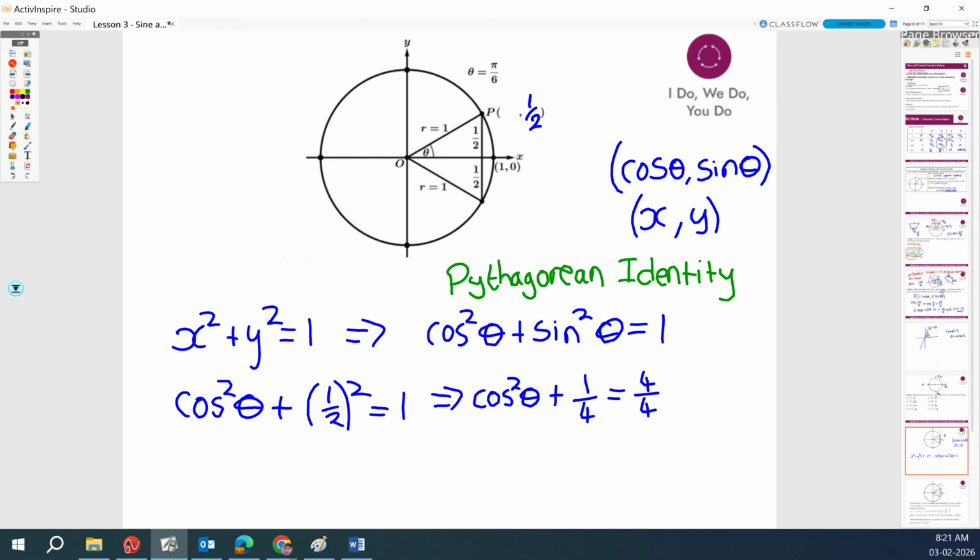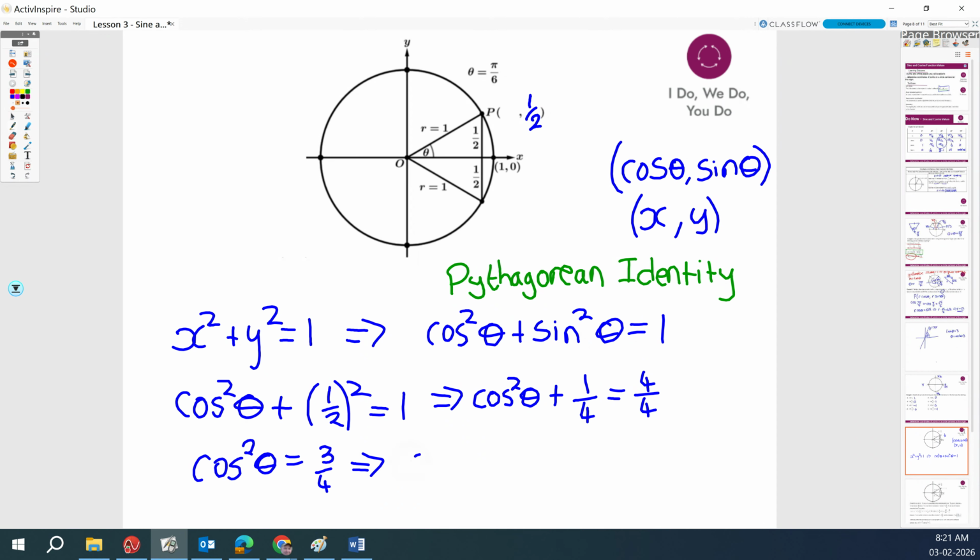When I see that the denominator is 4, I change 1 to have the same denominator. If the denominator were 7, it would be 7 over 7. Subtracting 1 over 4 from both sides, cosine squared of theta is equal to 3 over 4.